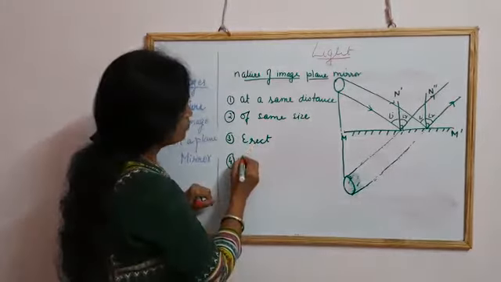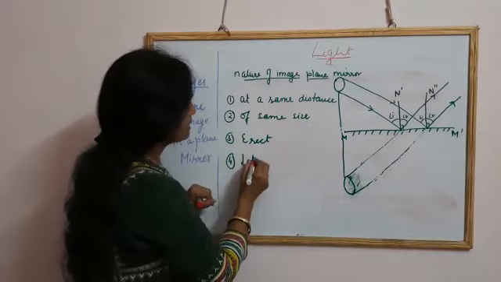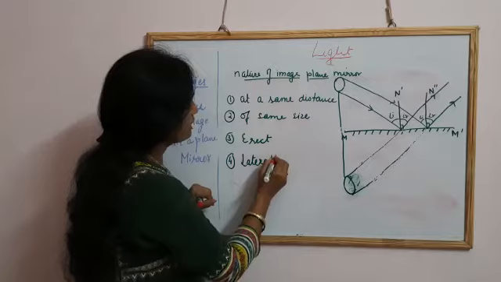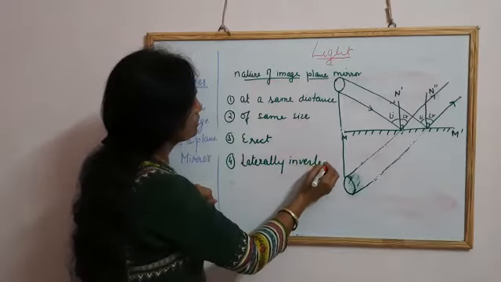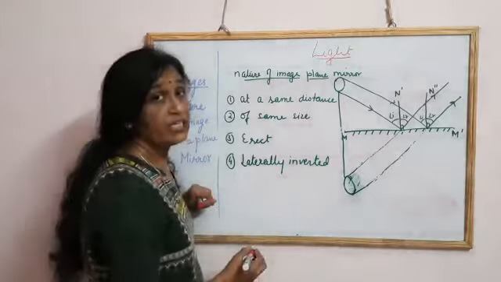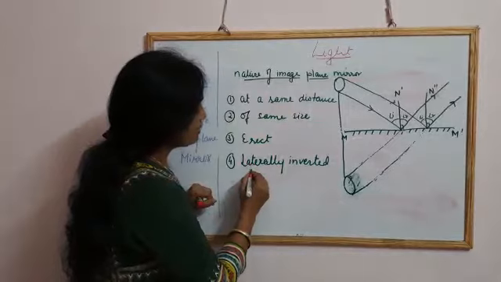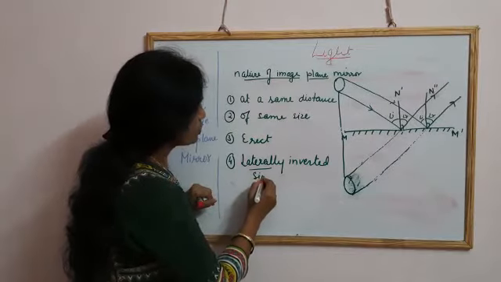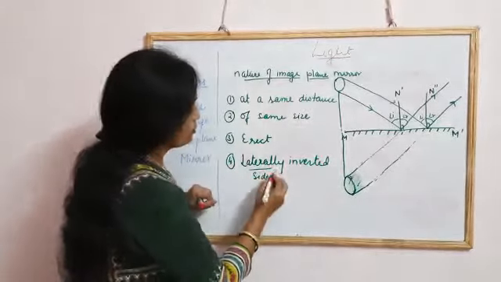Okay, so the image is laterally inverted. When an image is said to be laterally inverted, it means sideway inversion, top and bottom inversion नहीं होगा, sideway inversion होगा, right?